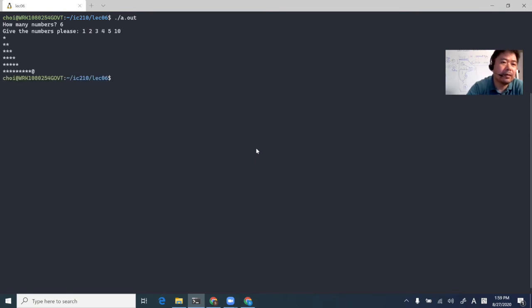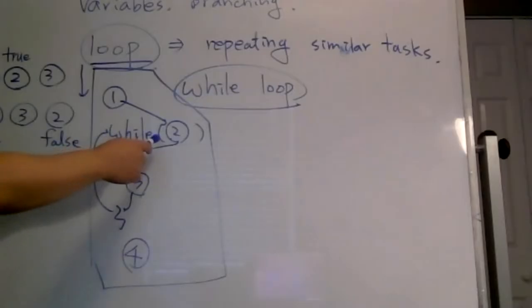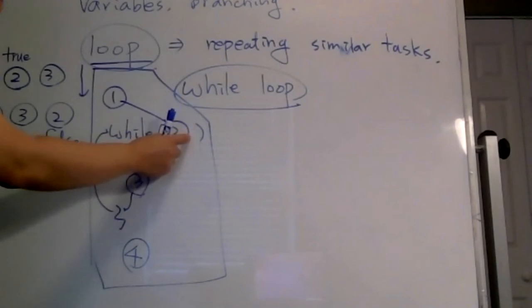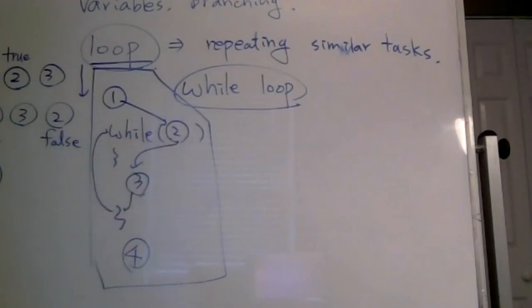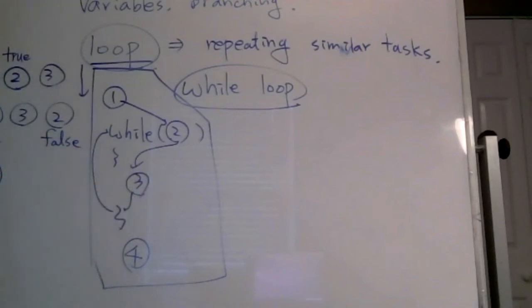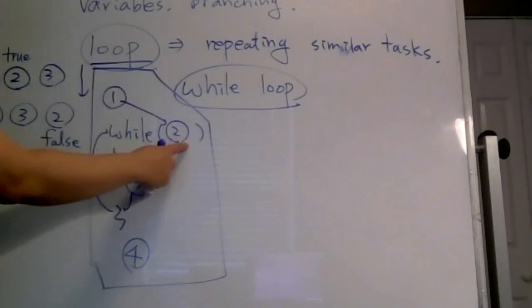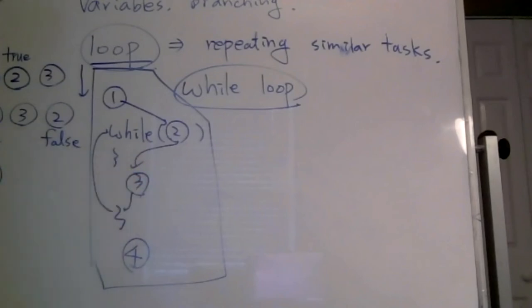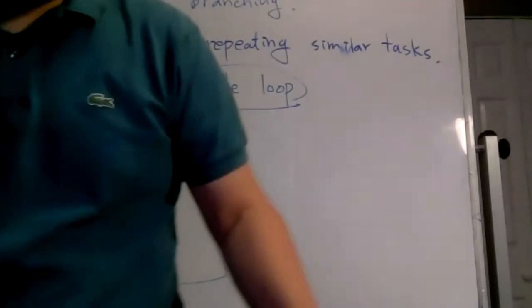Yeah, looks good. Okay. While inside the parenthesis, you have to put some Boolean conditions, and then inside the curly bracket, you have to put the code you want to repeat. Okay, so then while 2 is true, you're going to keep repeating the tasks of 3.